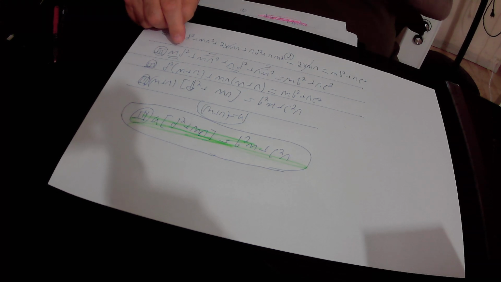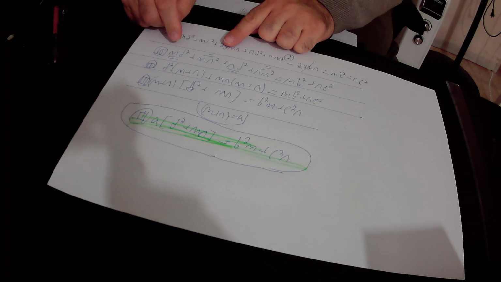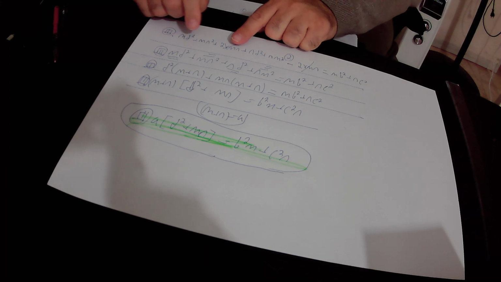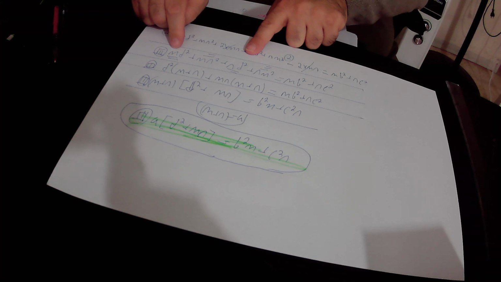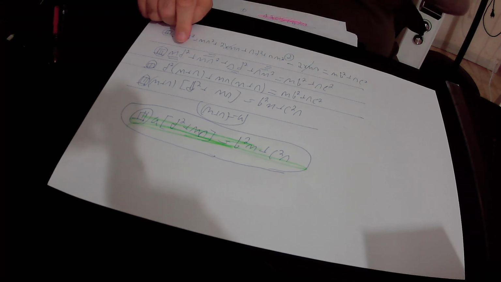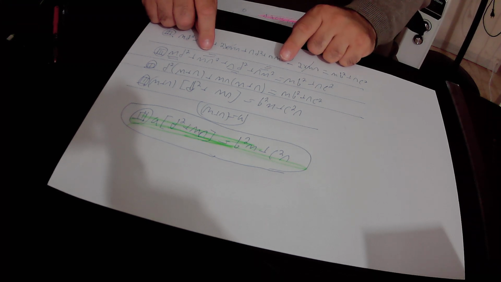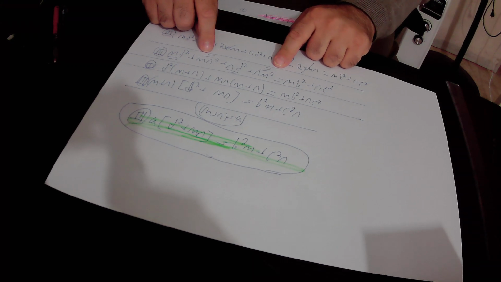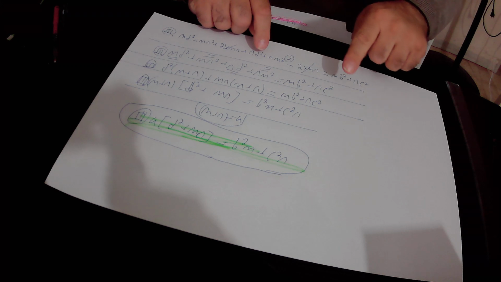Then we took out the common factor D squared from ND squared and also from MD squared. So inside the brackets, what is left is M plus N. Then we took out the common factor MN from MN squared and also from NM squared. So inside the brackets we are left only with M plus N. And it must be equal to MB squared plus NC squared.